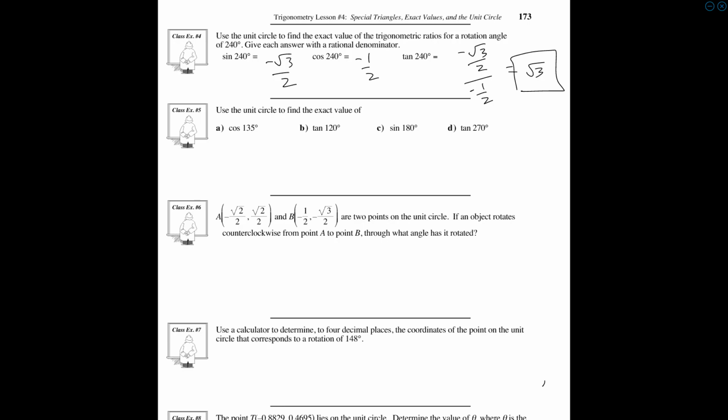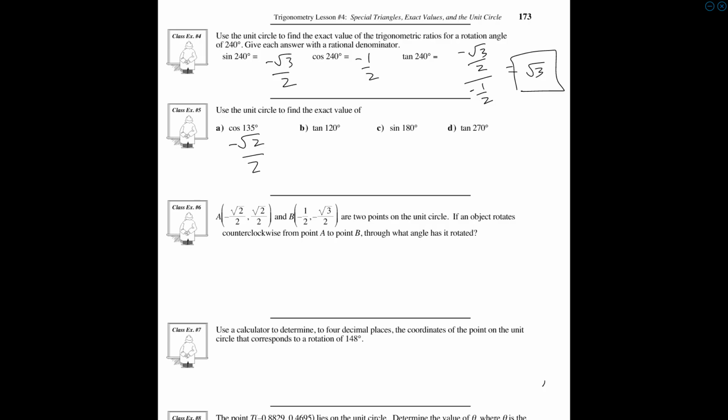Okay, so first of all, at 135, I have negative root 2 over 2 and root 2 over 2. With cos, am I using the x or the y value here? X value. So negative root 2 over 2. Yes? Cool. Okay, how about tan 120?